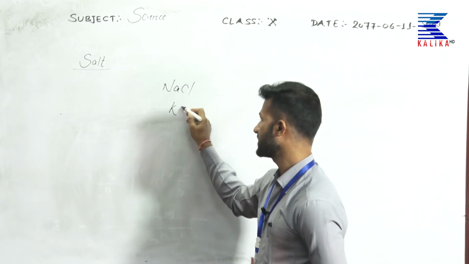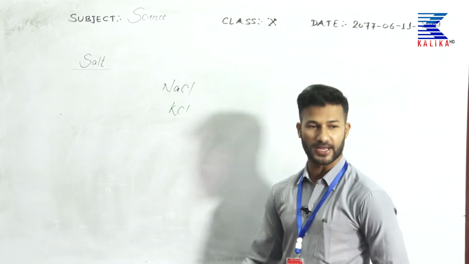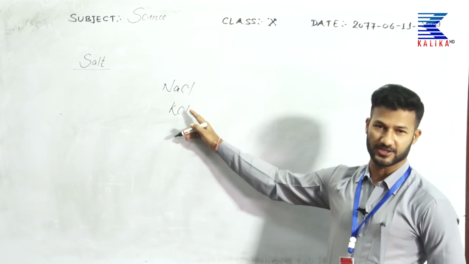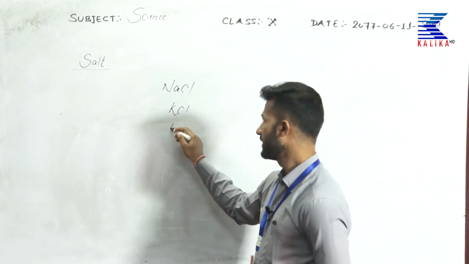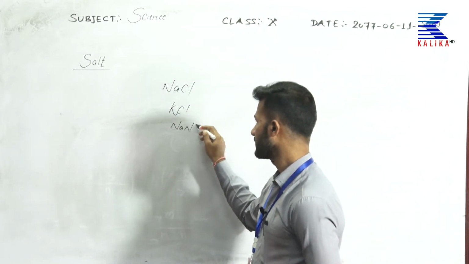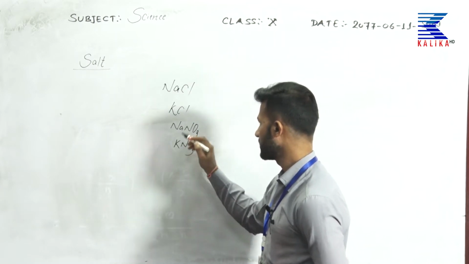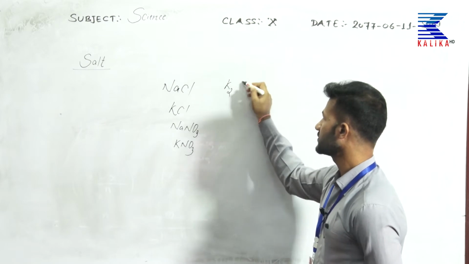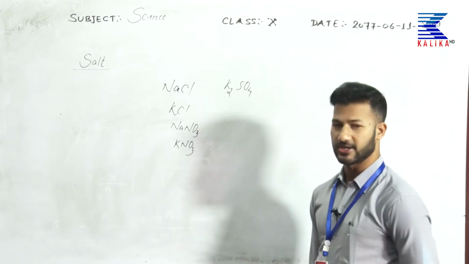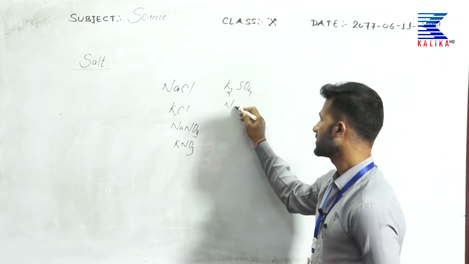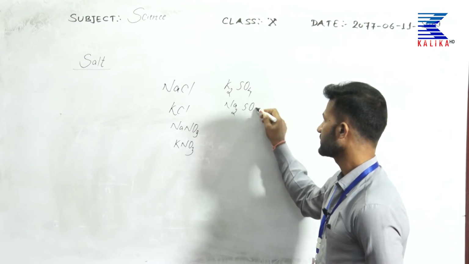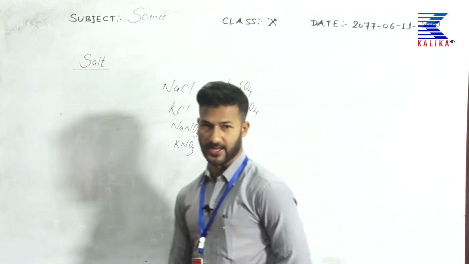Likewise, we can take another example, potassium chloride, another example of salt. NaNO3, salt, KNO3, salt, K2SO4, potassium sulfate, salt, Na2SO4, salt.